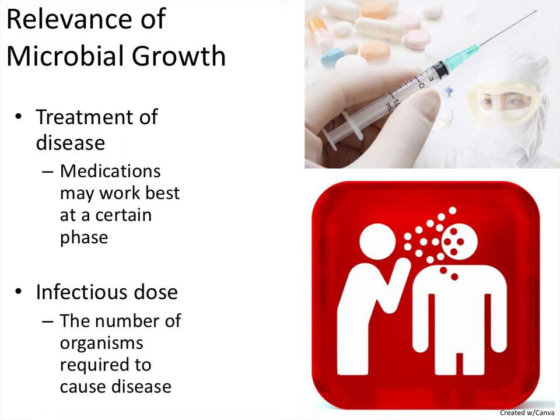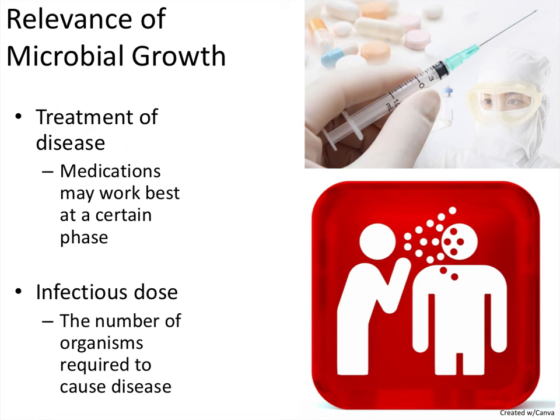So it might seem a little counterintuitive, but during the log phase, bacteria are very, very metabolically active, which means they're taking in a lot of substances from their environment. So if we want to make sure that a certain type of antibiotic is going to be effective to treat an infection, it is very helpful to know what stage of growth these organisms might be in, because that can determine how quickly the organisms will take up the antibiotic from their environment and how quickly the drug will work to kill them or at least stop their growth.